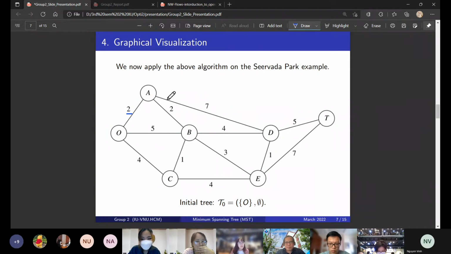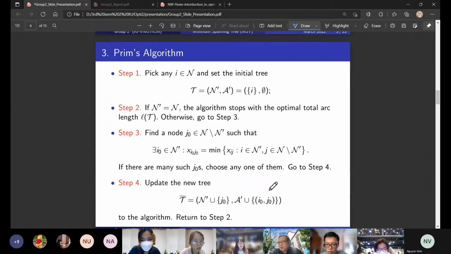Is this okay, sir? Let me check the step. You look at step 3 and explain it. Now you choose A by using step 3, is that right? Step 3 means what? You find a node in N minus N prime.